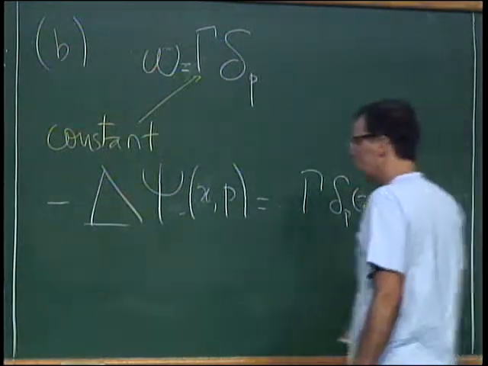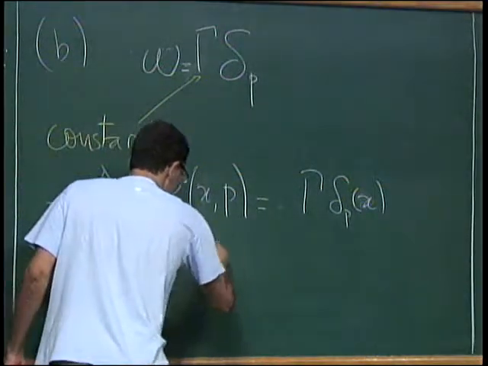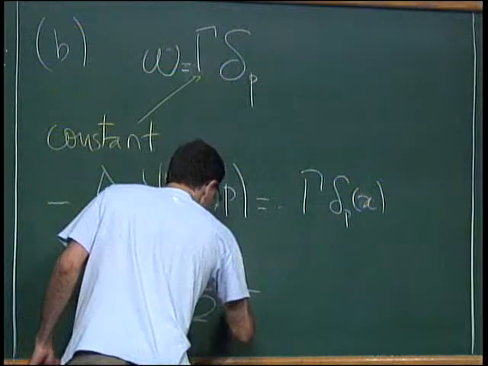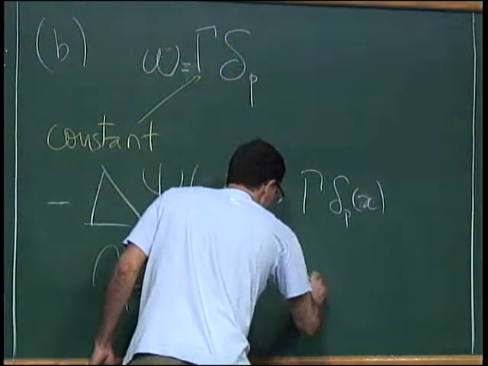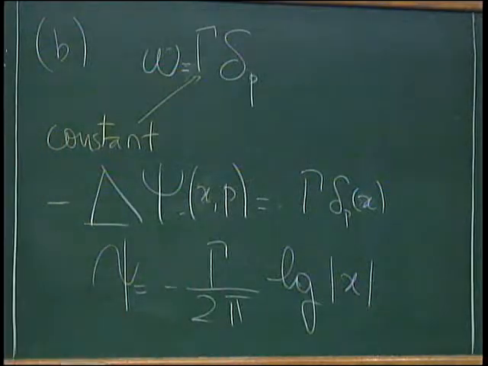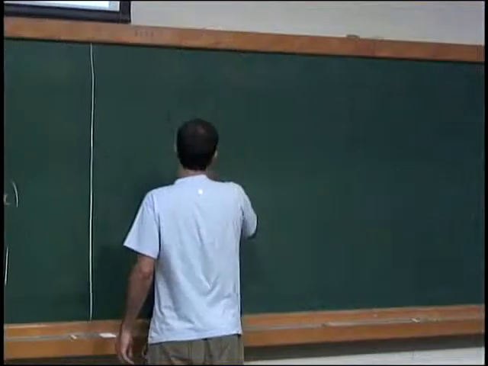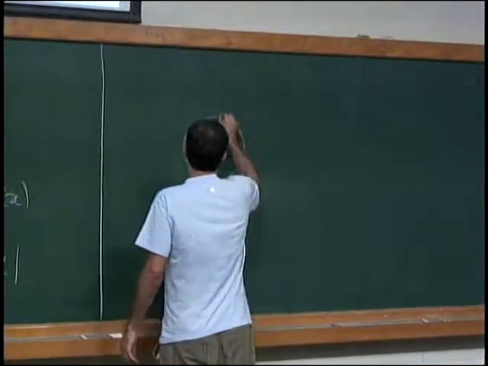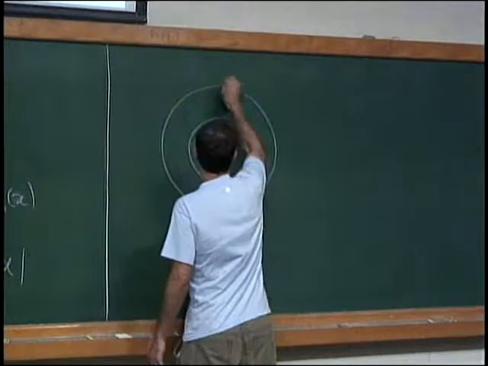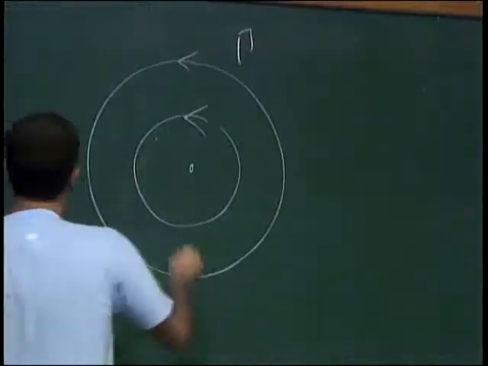So psi is just, maybe the sign is wrong, but anyway, it's just this. And how is the vector field associated with this psi? You have a point here, the center of vorticity, and then the trajectories of the flow rotate like this on circles. This is the point P.